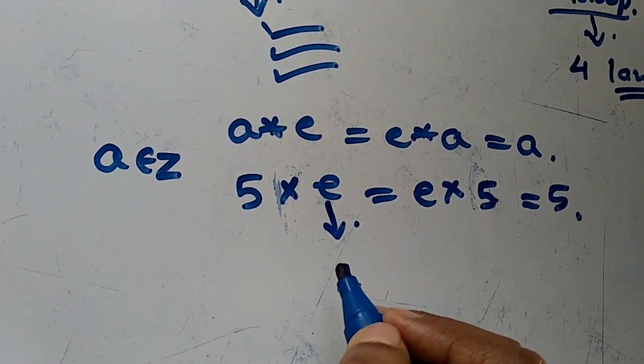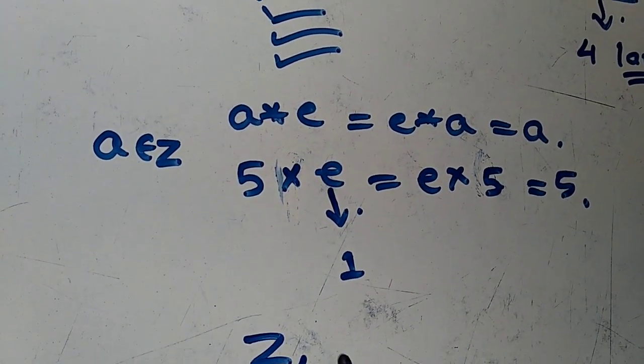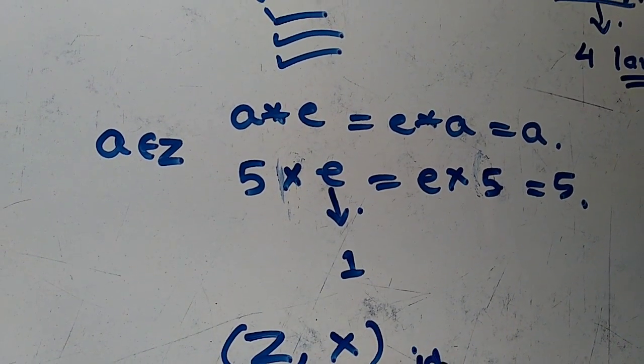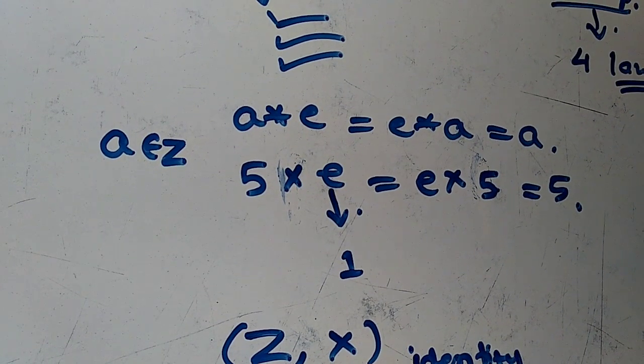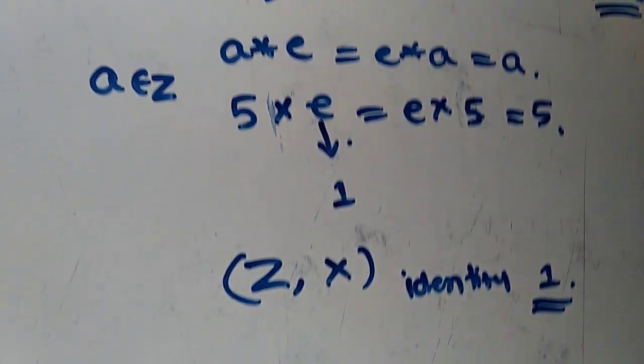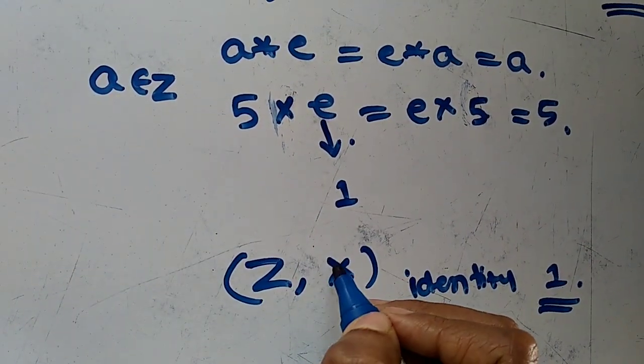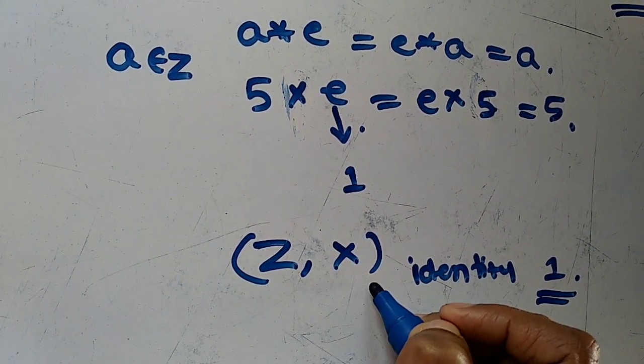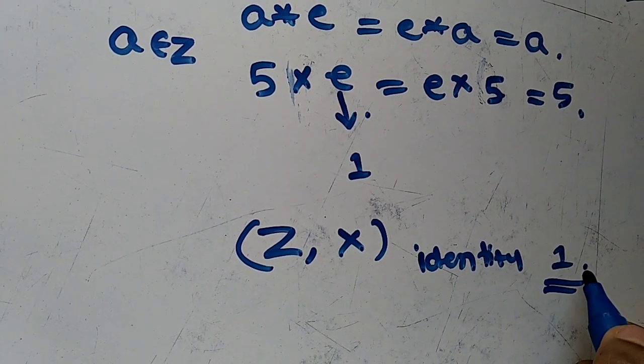It means in Z with respect to multiplication, your identity element is 1. In Z with respect to plus, your identity element was 0. Here, with respect to multiplication, your identity is 1.